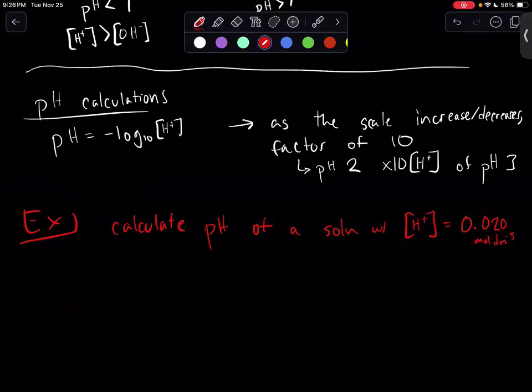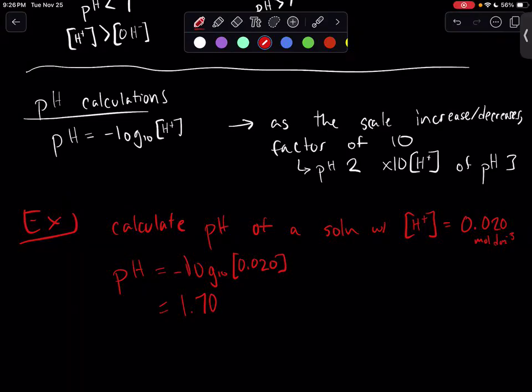Now, when we do this, we're just going to plug it into our equation. pH is equal to the negative log base 10 of 0.020. And when we plug that in, we find that our pH is approximately 1.70. That's all you really have to do to calculate pH.